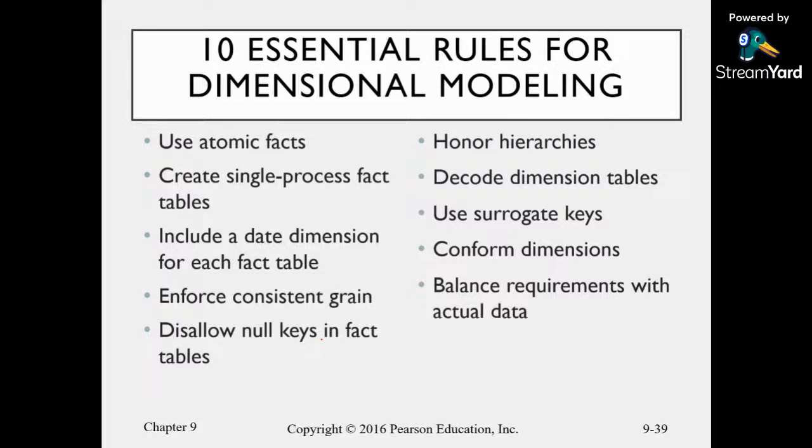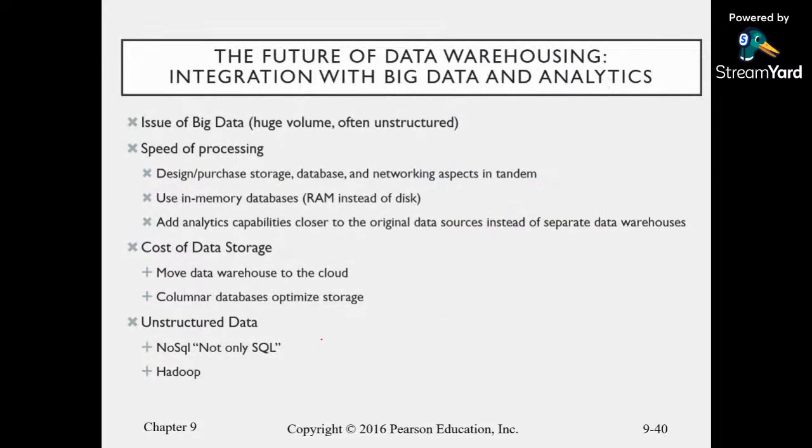Unfortunately, source data may not precisely support all business requirements. So you must balance what is technically possible with what users want and need. The last thing we look at is the future of data. There is the issue of big data, that is huge volumes and often unstructured data.